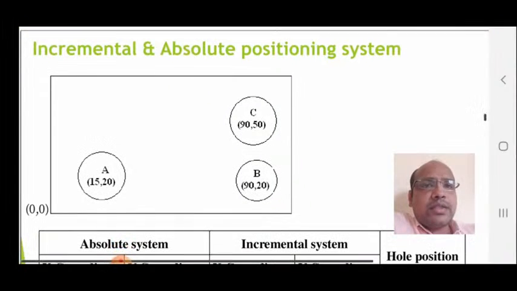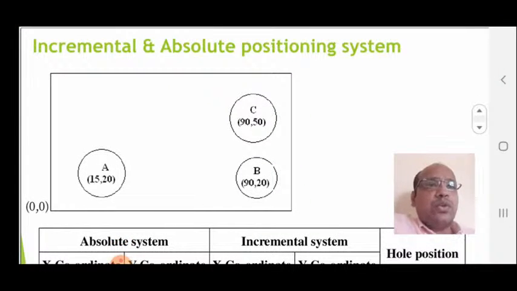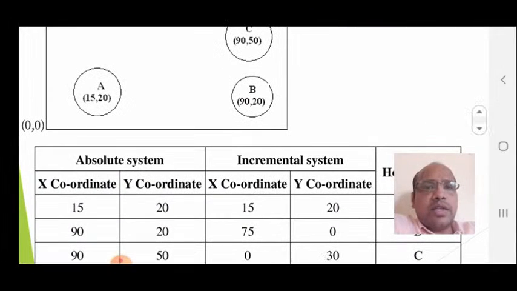Now let us see the next type, incremental and absolute positioning system. Both are very important for writing a part program. Mostly we write a part program in the absolute positioning system. So what is the difference between these two, the absolute system and the incremental system? Let us understand this.